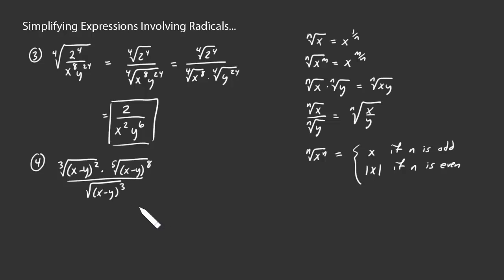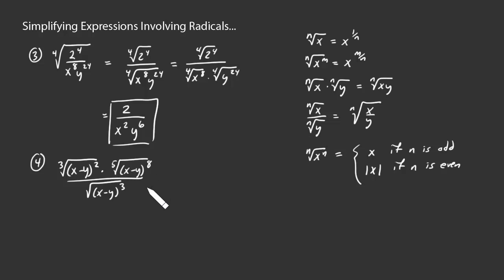Okay, what should we do here? Well, we've got a product of some roots, but notice they're not the same root. Right? So I can't play this card. Okay, not yet. And I've got, likewise, a quotient of some radical expressions. But again, the indices here, the 3 does not agree with the understood index of 2 here, nor does the 5 agree with this. So I can't play this card yet.